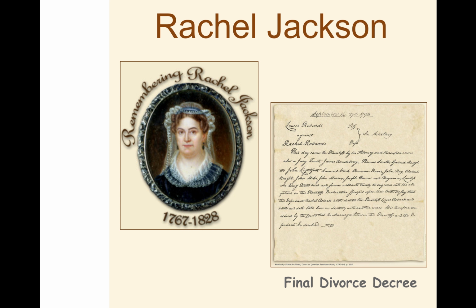And so this resulted in an outcry in Washington D.C. People accused her. They called her an adulteress, right? That she was this wanton woman, right? There were many more slanderous accusations thrown around about her character, about Andrew Jackson's character, that he would marry a married woman, and so on and so forth.